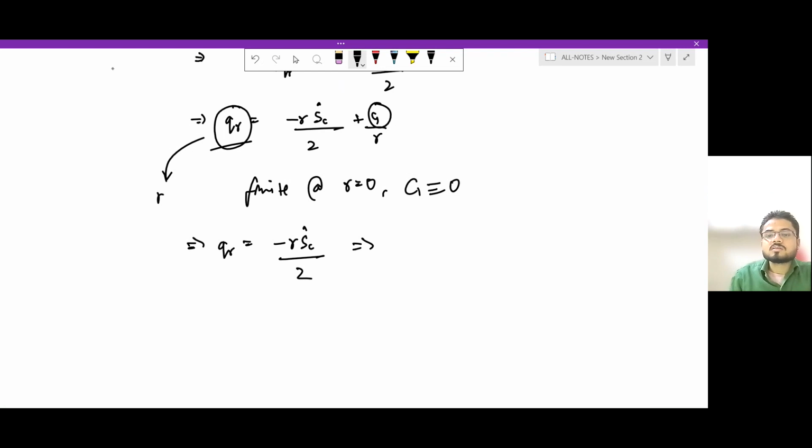And since this entire medium, this entire wire, is at rest, U at r equals 0, this would imply that the heat flux has contributions only from heat conduction. There is no advection involved right here.